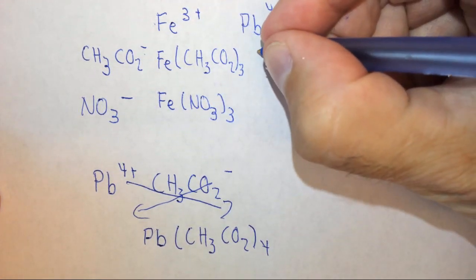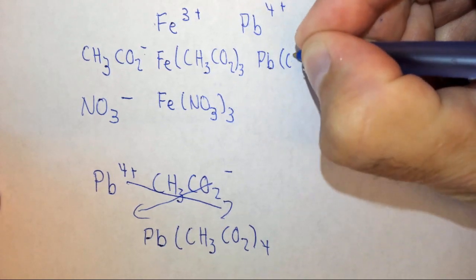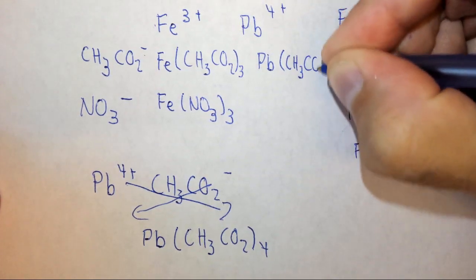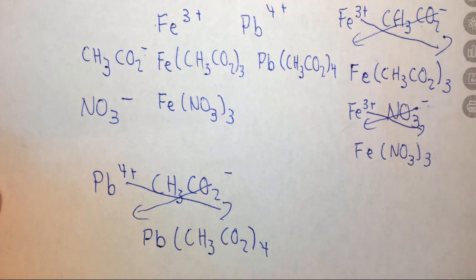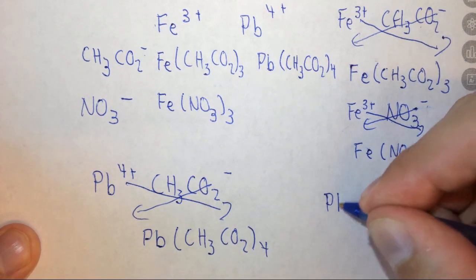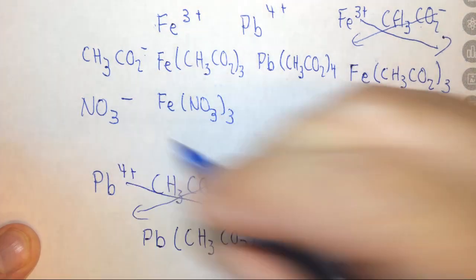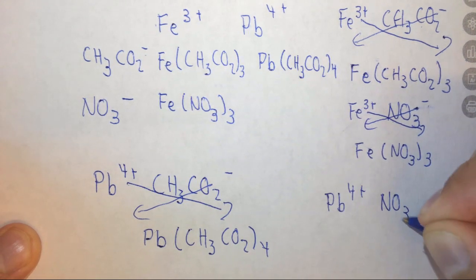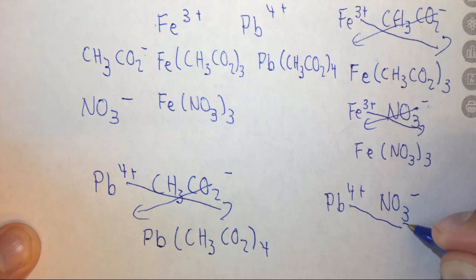I'm just going to write that over here. Pb(CH3CO2)4.